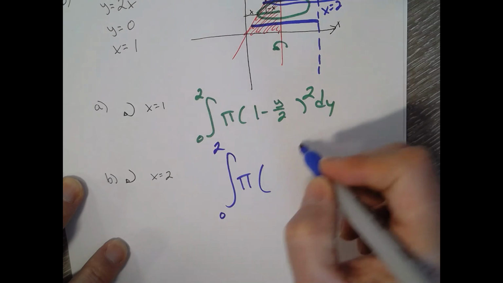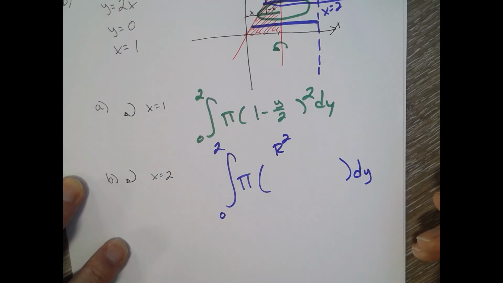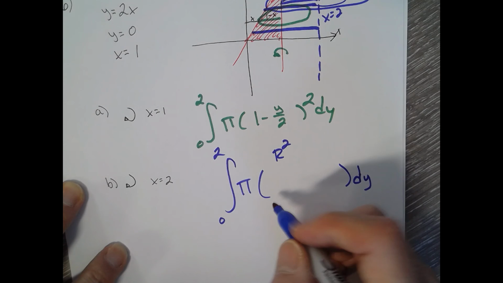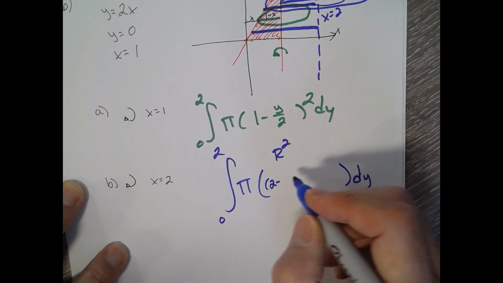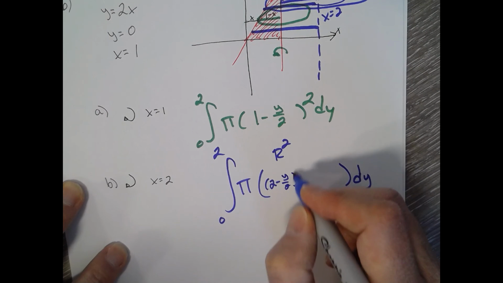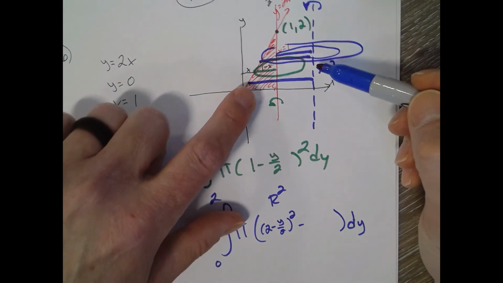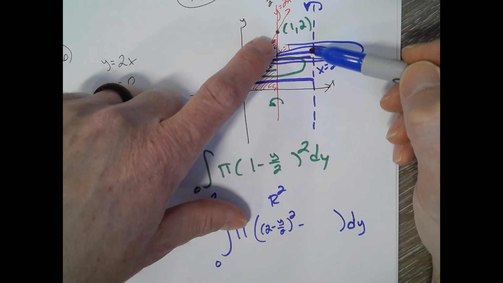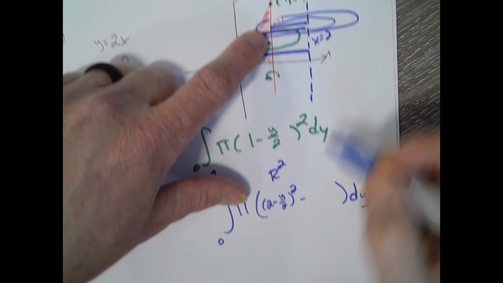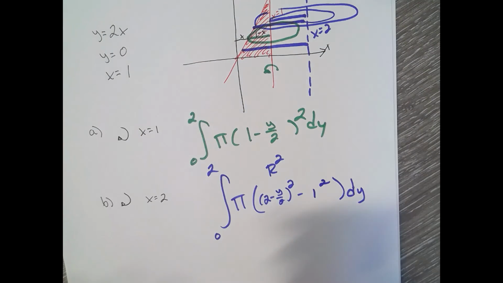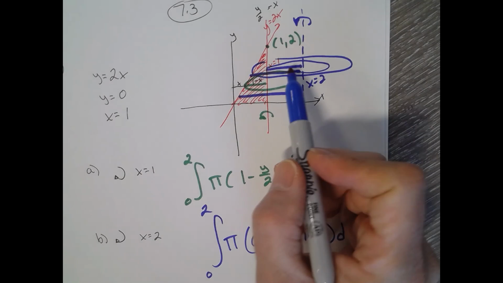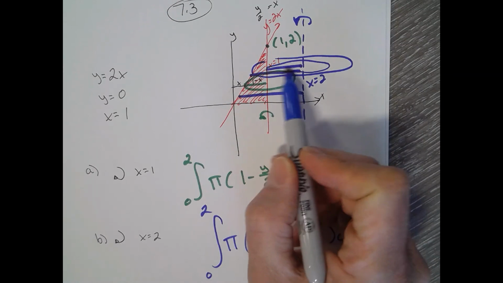So your big R would be 2 minus x, which is 2 minus y over 2, squared, minus, and our little r is this distance right here. It's always going to be 1. So this distance is always 1, so that's your little r.